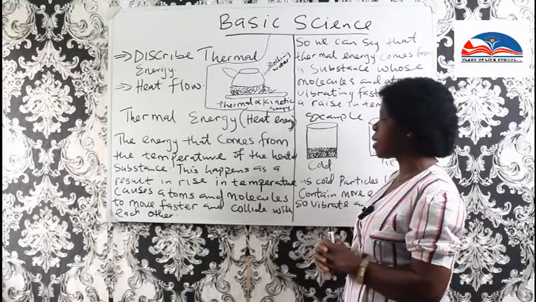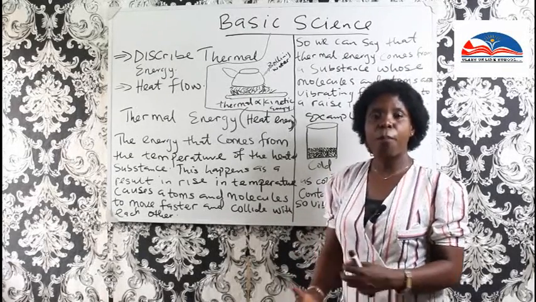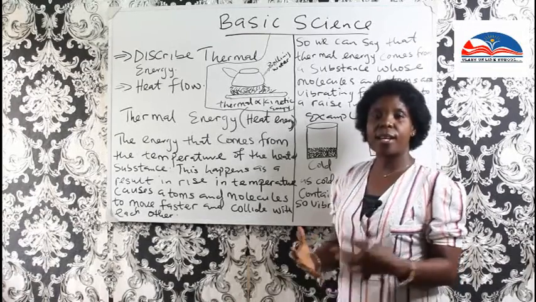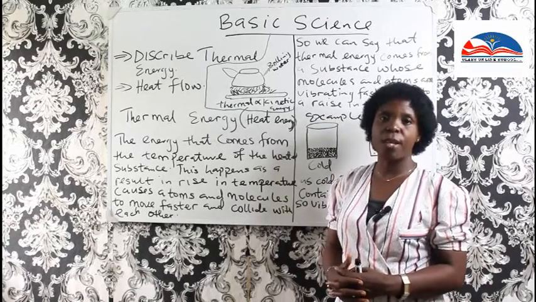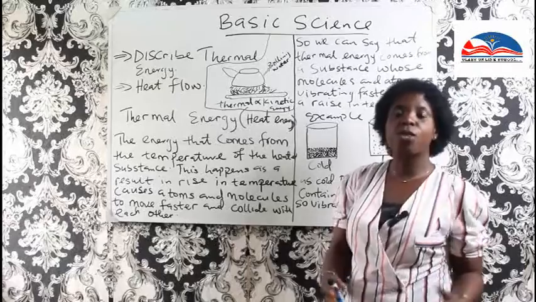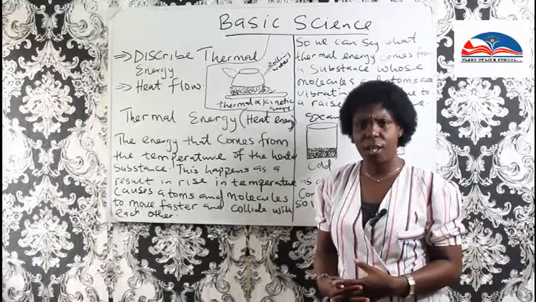Why it possesses kinetic energy is because there is movement of the bubbles. Alright, and the thermal energy has to do with the heat that comes from it. That is thermal energy.